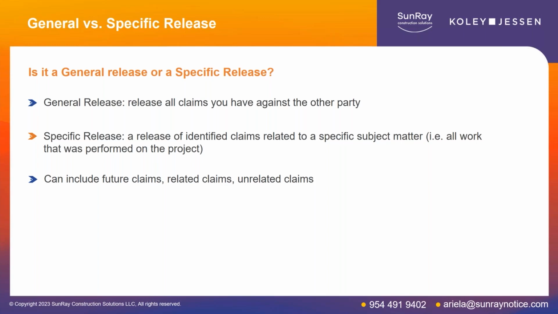Now, contrary to that is the specific release, and the specific release is only releasing a specifically identified subset of claims. And so what you will often see when you're reading that release language, that is, Taylor hereby releases Dan of all claims, causes of actions, debts, promissory notes, etc., is that when you have a specific release, it will then say arising out of or related to, and then it will insert some category.